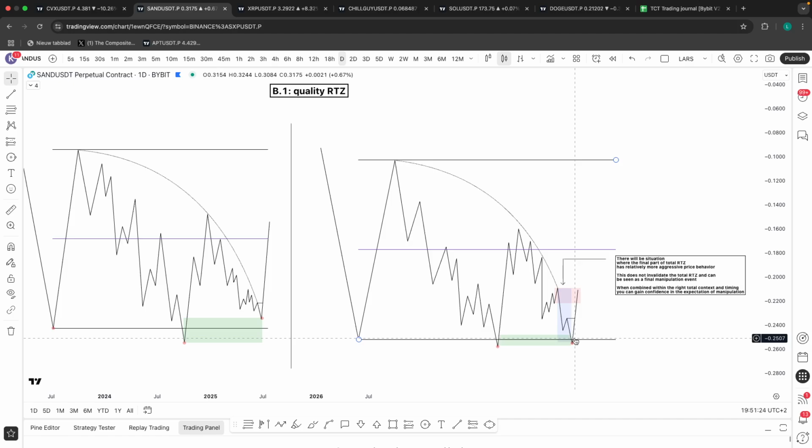But I want to clarify that if you get that total return to zone and only the final part is a bit more aggressive, if you're in the right context combined with the right timing, you can gain the confidence needed to enter on that break. Because sometimes you will create some sort of supply that pushes price down into that third tap POI.